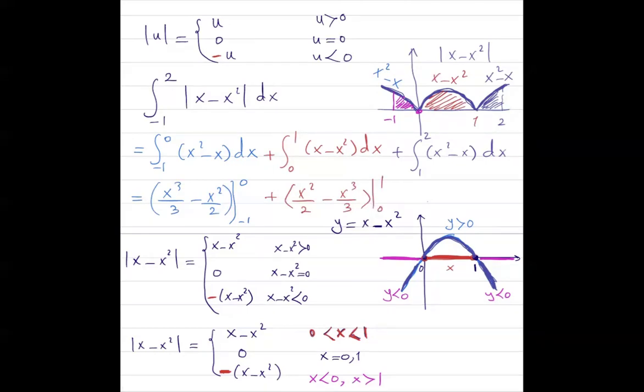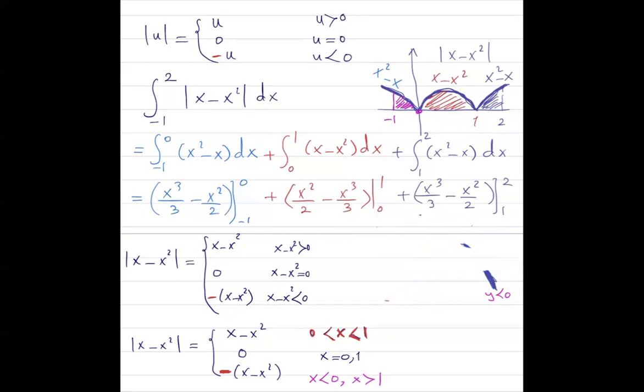And the third integral is x cubed divided by 3 minus x squared over 2 when x is bounded between 1 and 2. So let me just erase this part. We understood all the steps. We are just ready to do the calculation.